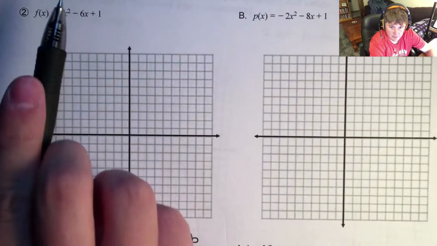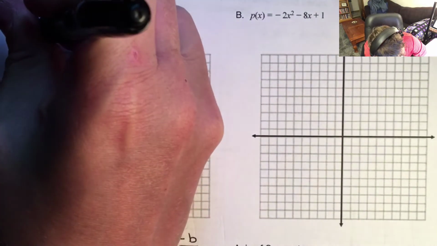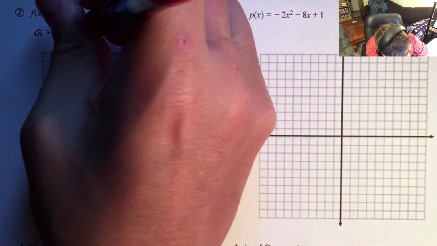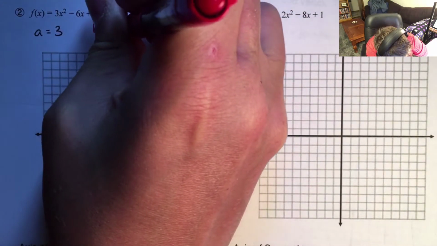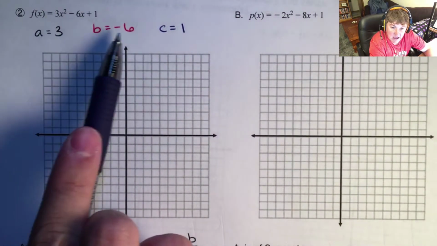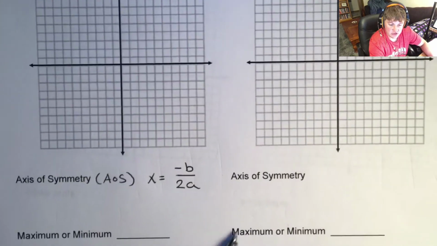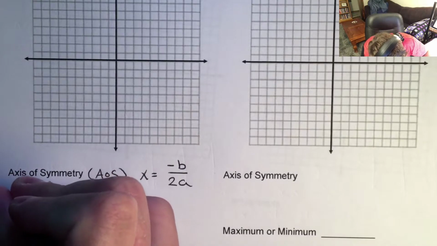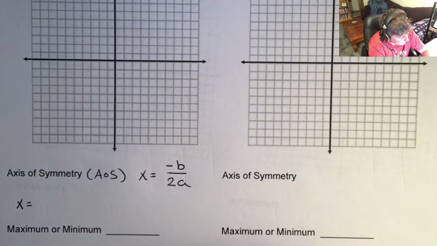Okay, so let's go ahead and look at our function here. So let's identify my a value as 3, my b value as negative 6, and my c value as 1. Okay, and I can take a, b, and c right from there into this formula. Let's go ahead and do it. Okay, the opposite of b.